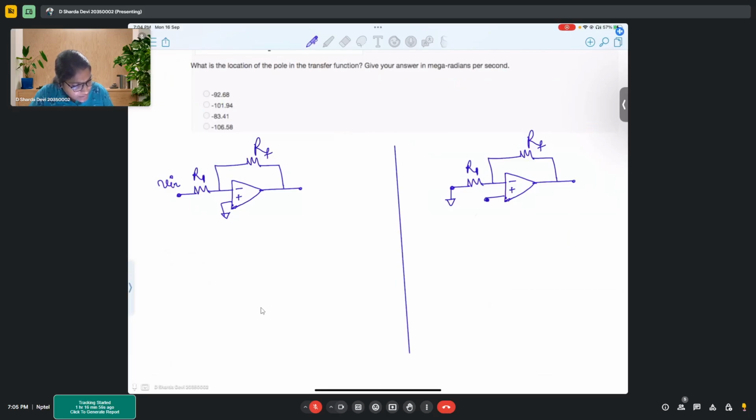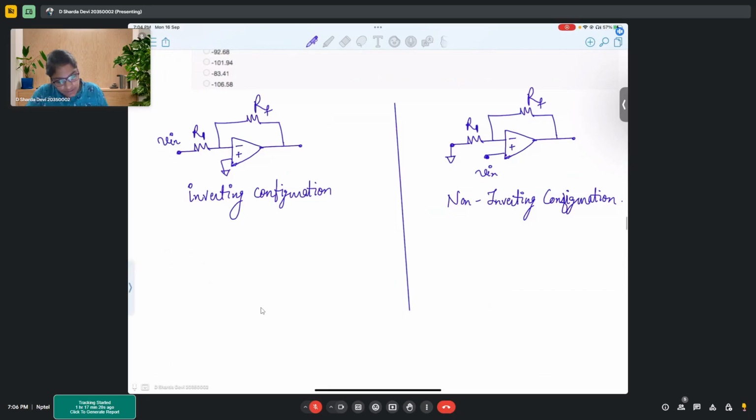One, you provide input here, other, you provide input here. This is inverting configuration. This is non-inverting configuration. We know in inverting configuration the gain of the op-amp is minus Rf upon R1. In non-inverting configuration the gain is 1 plus Rf upon R1. Correct?